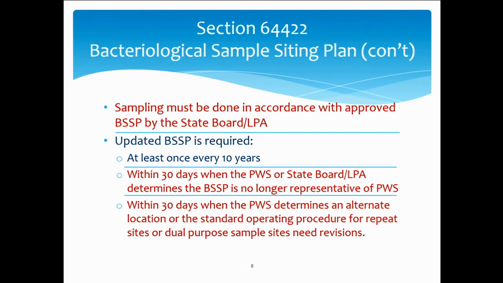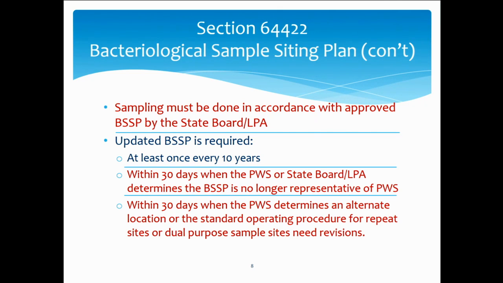So, first bullet here, this is something that we had an internal discussion about, because nowhere in our existing TCR does it say you have to sample in accordance with your plan. So this was just put in the RTCR to make sure it's clear that you have to sample in accordance with your plan.